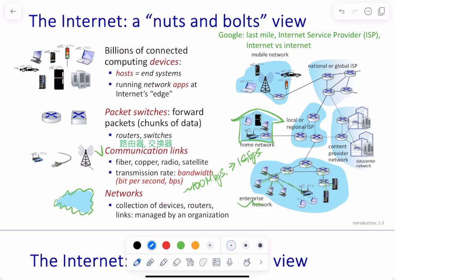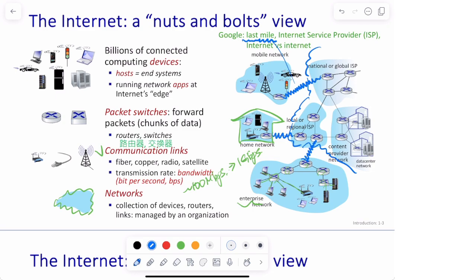An important terminology or concept here is that there is always a link which connects your small network to some other bigger network. And the link right here is what we call the last mile.